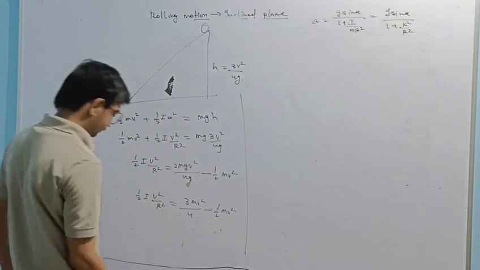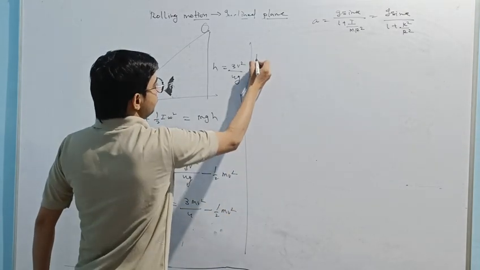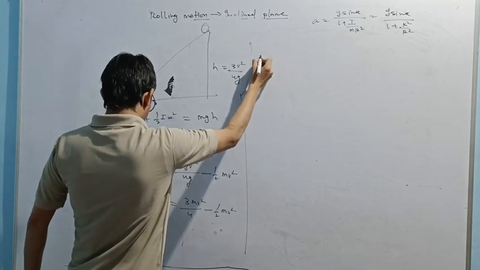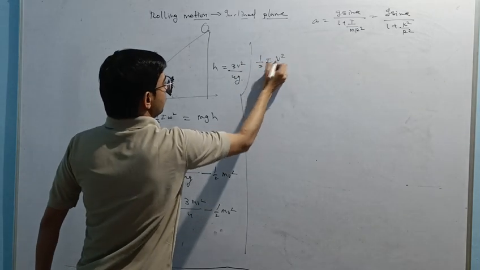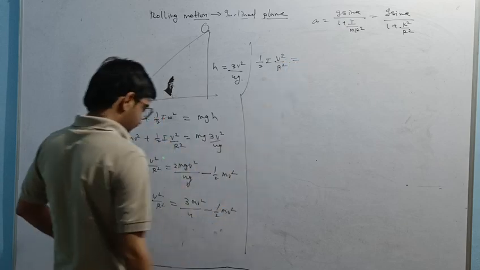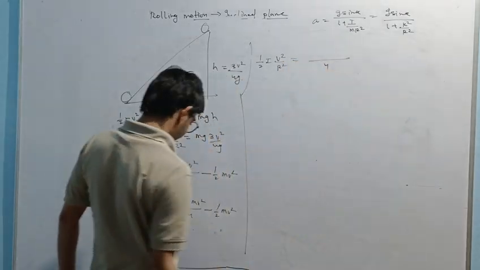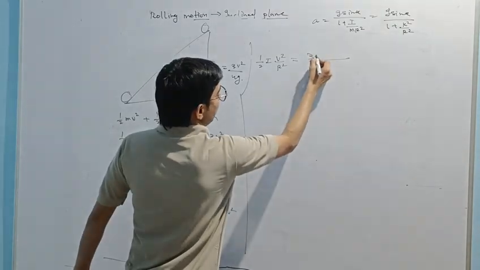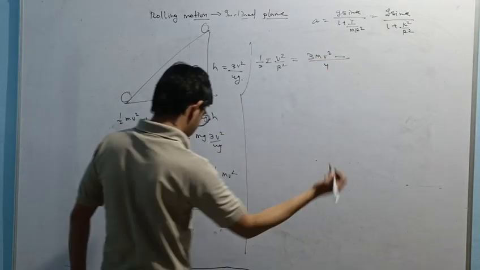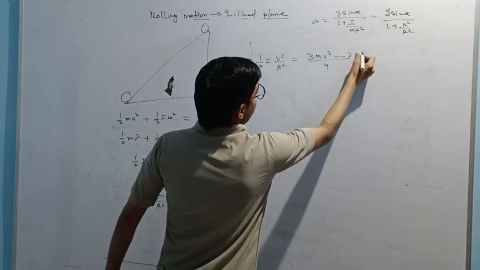So now this is the same, half of I v square upon r square. Take LCM 4: 3m v square minus 2m v square.